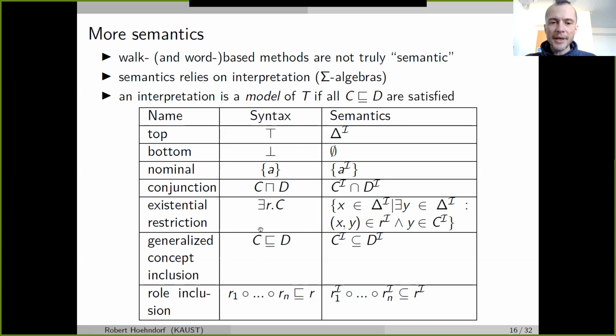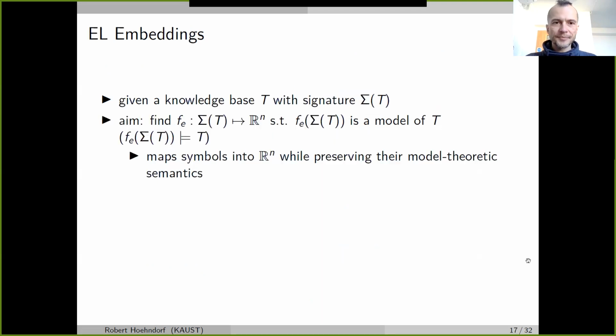But what we want to do is generate a sigma structure, a model that satisfies all the general concept inclusions here, which means there must be an interpretation of C and D. So if C is a subclass of D, then the interpretation of C must be a subset of the interpretation of D. So our idea here is that if we have a knowledge base T with a signature, the set of symbols in our knowledge base, then we want to find an embedding in R^n such that the image of this embedding function is a model of our theory.